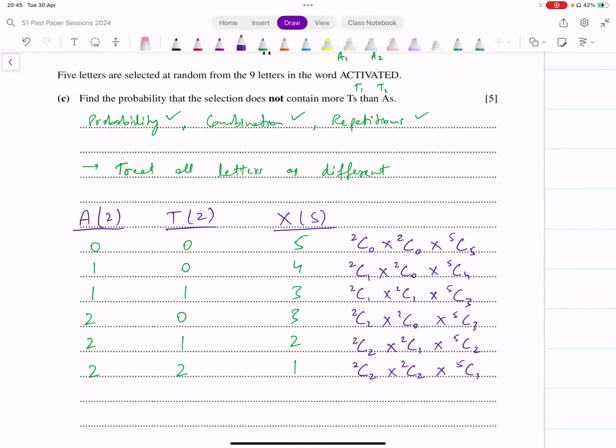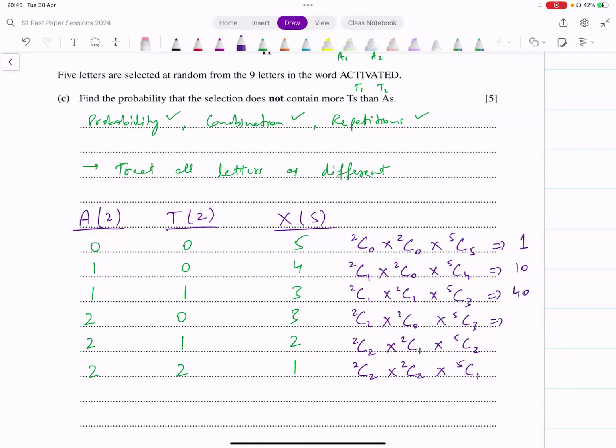Okay, the first one, 2C0 is 1, so 1 into 1 into 1. This is going to be 1. Then you have 2 into 1 into 5, right? This is 10. Please confirm these calculations as well. 2 into 2 into 5C3 is 10. That's 40.